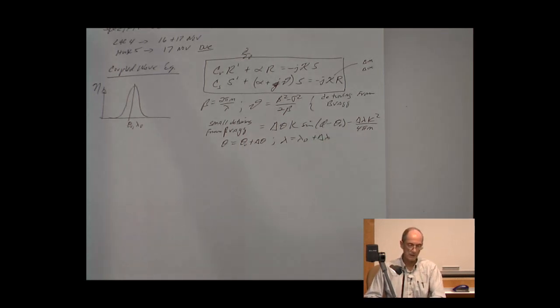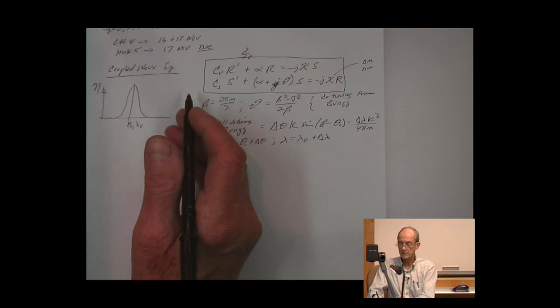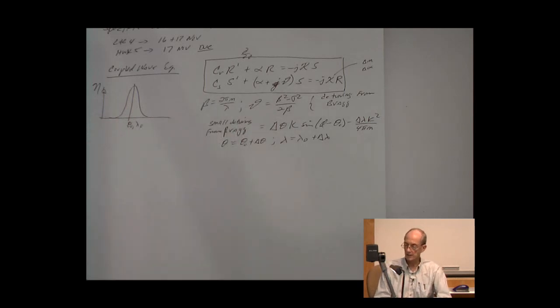So with that, we can get a sense of how selective, how broad, and what the shape of that is, with variation from the Bragg condition, okay?